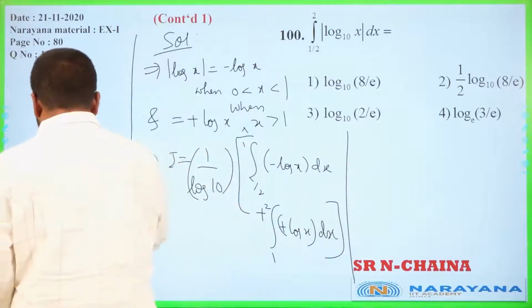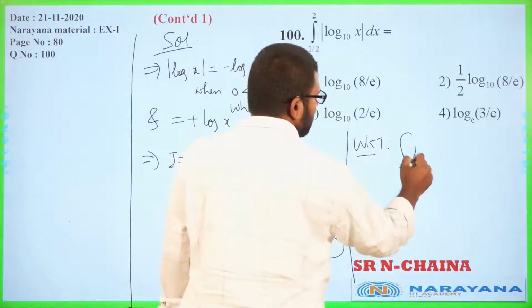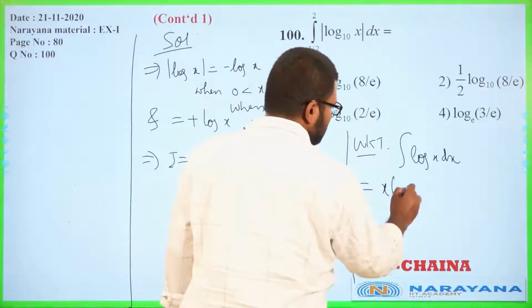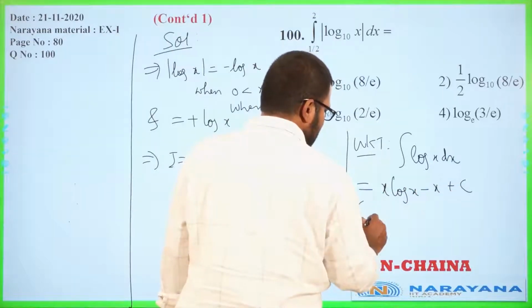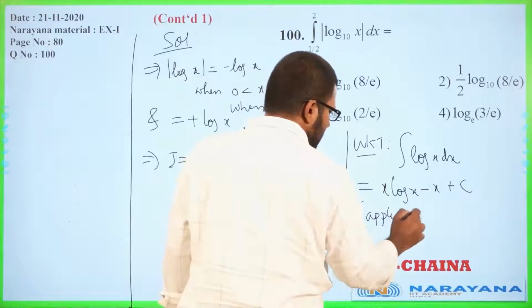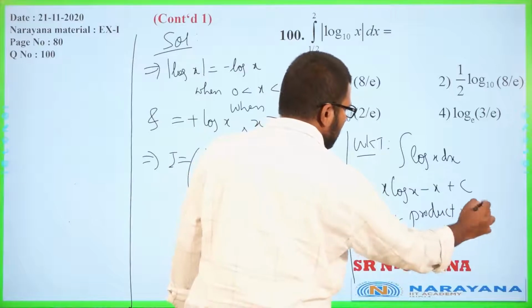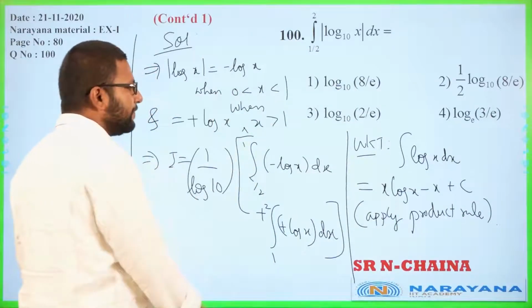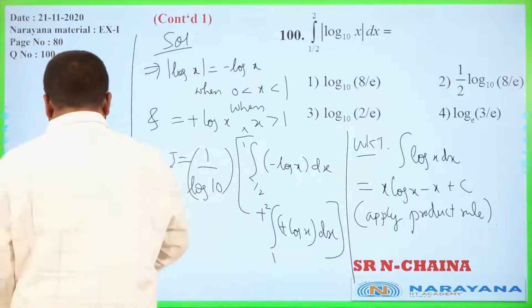We know that integral log x dx equals x log x minus x plus c. Apply product rule, where you differentiate log x and integrate 1. You can try that on your own if you don't remember.